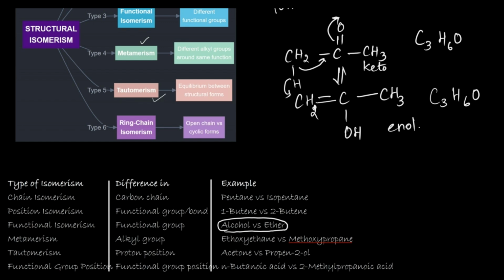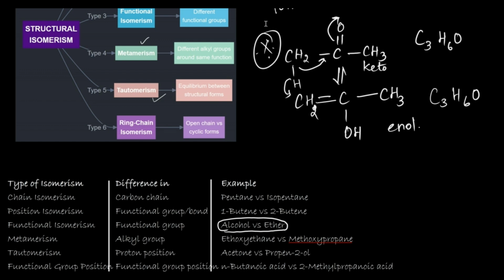So it will get cleaved, O becomes negative, so hydrogen gets attached to oxygen. So keto-enol tautomerism. Similarly, we have nitro-acinitro tautomerism. But mostly they will be asking about keto-enol tautomerism. You must have seen this in the mechanism part.